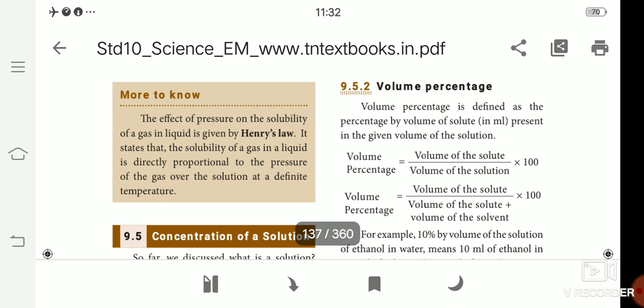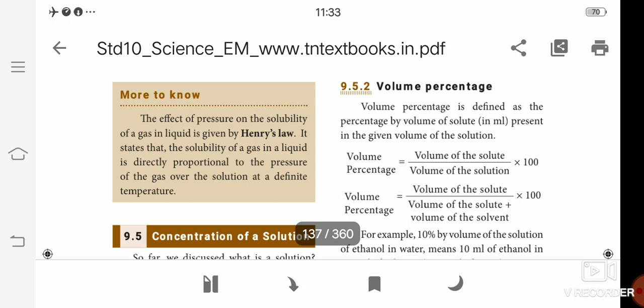Another form of the formula: volume percentage is equal to volume of the solute divided by volume of the solute plus volume of the solvent, multiplied by 100. For example, in an ethanol and water solution, 10 ml of ethanol in 100 ml of solution gives a percentage of 10%.